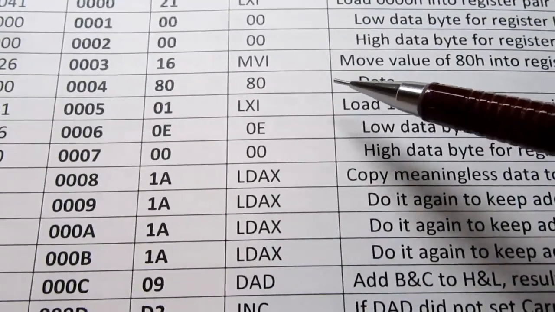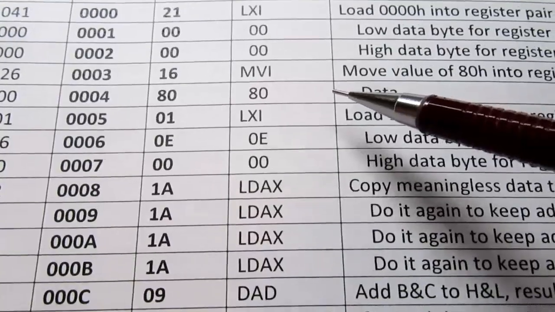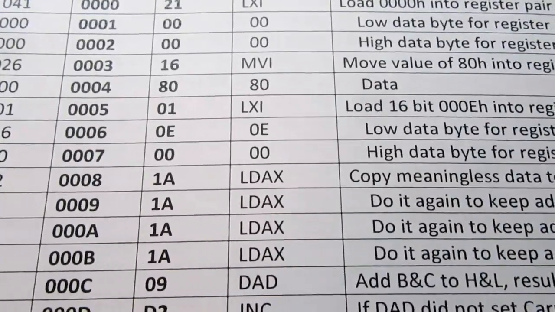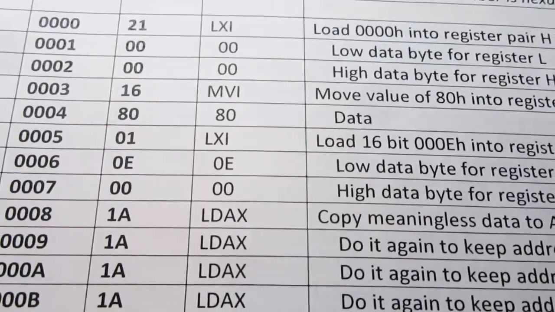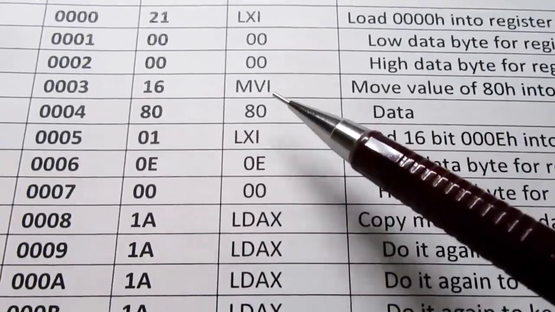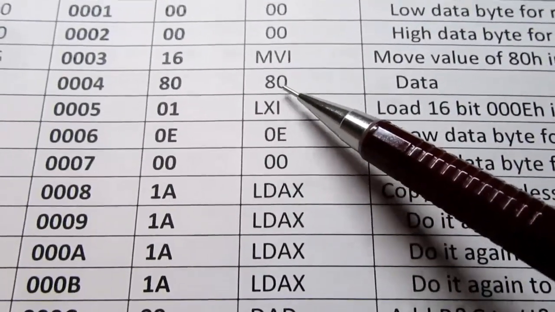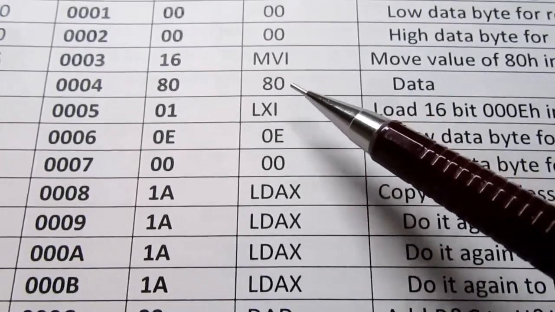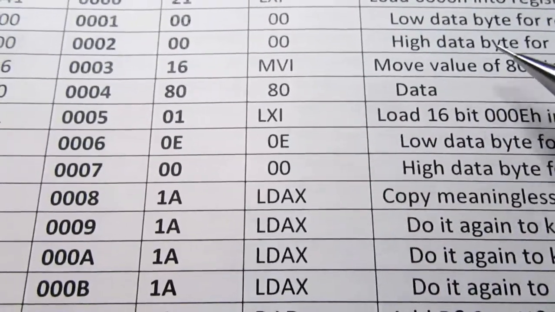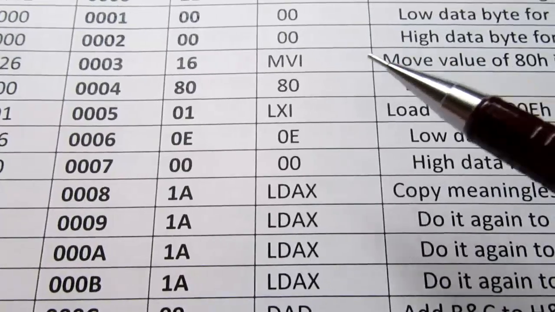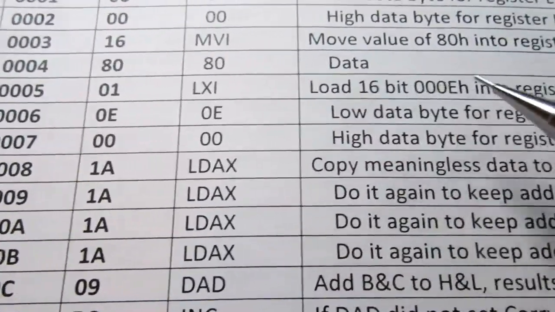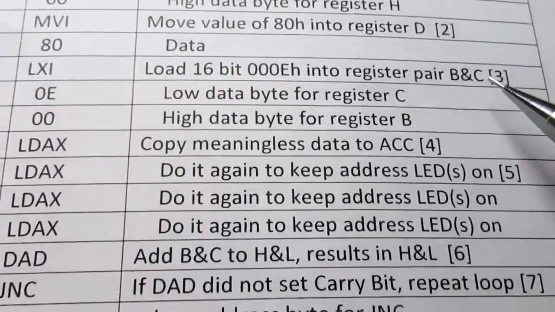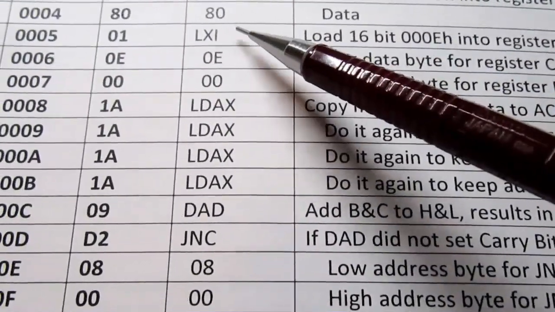Now we have to get register D set up. In this case, we're not worried about register E. We're only really using register D. So we set it up and we move a value of 80, that's 80 hex, into register D. Then we have one more thing to set up. We have to set up registers B and C. And once again, we do a load.